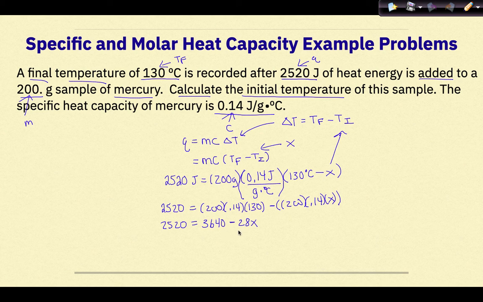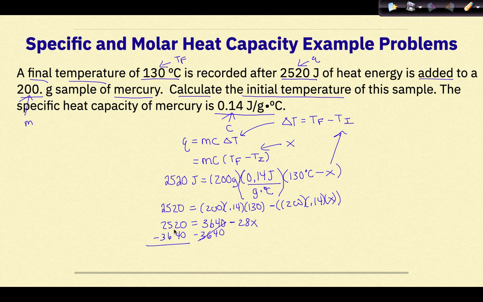2,520. Now, because I'm trying to get the x by itself, I need to move the 3,640 over to the other side. So minus 3,640, so that cancels itself out, minus 3,640.